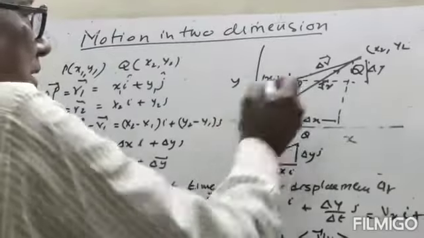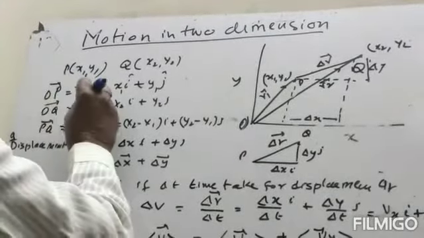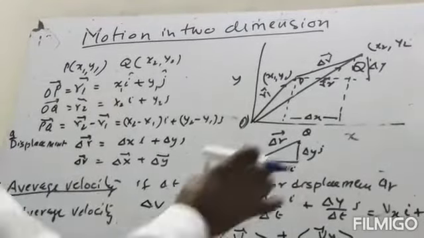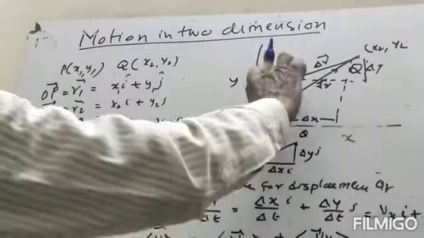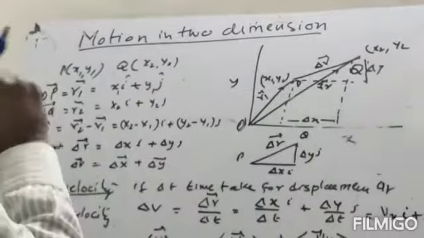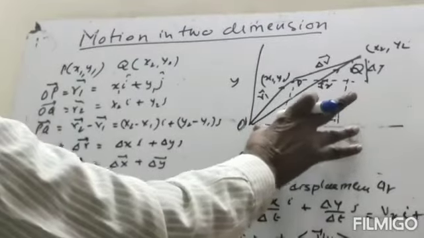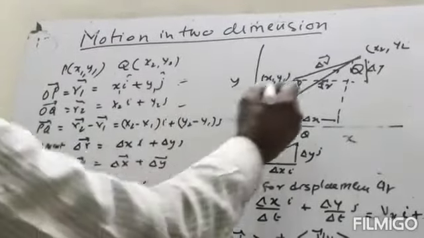The OP vector, suppose it is R1, so R1 vector is equal to x1 i plus y1 j. Similarly, the OQ vector will be equal to x2 i plus y2 j.